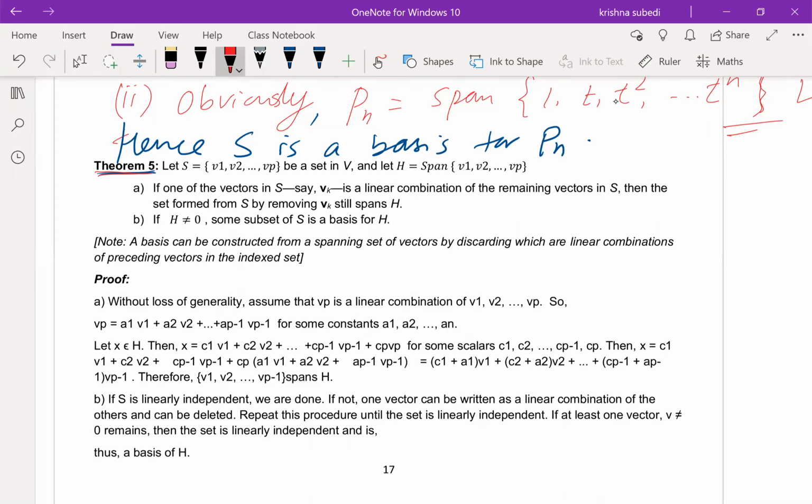Let S be the set of vectors in V and H is the span of these vectors.